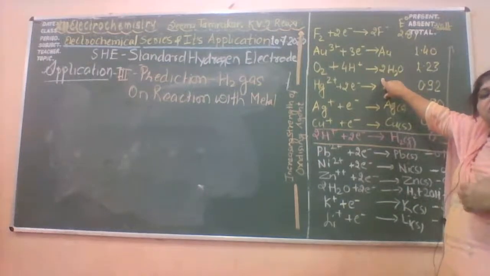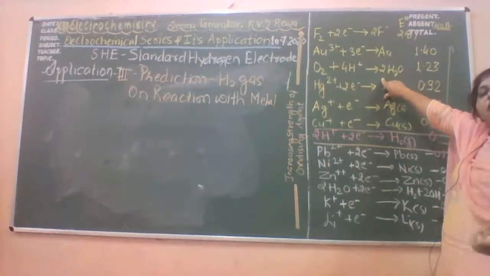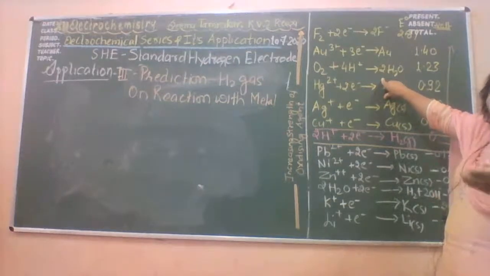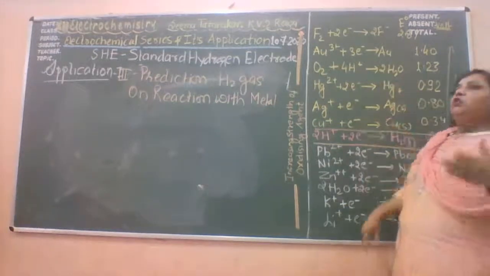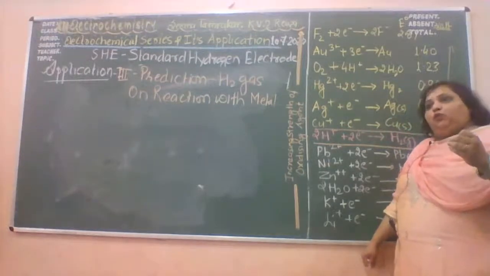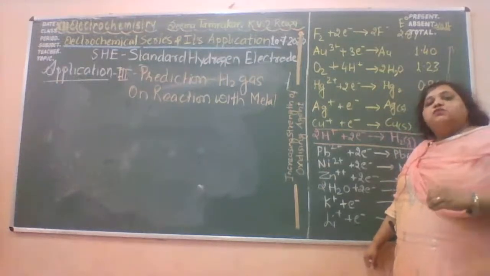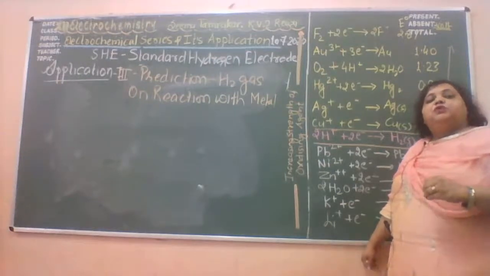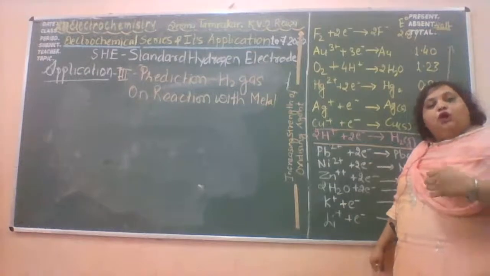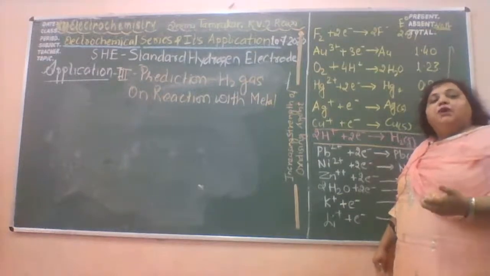These are metals, but they do not evolve the hydrogen gas in dilute conditions, especially in the lower classes. What we go for is the general concept that whenever a metal reacts with an acid, it produces hydrogen gas. But it is not compulsory for every metal.